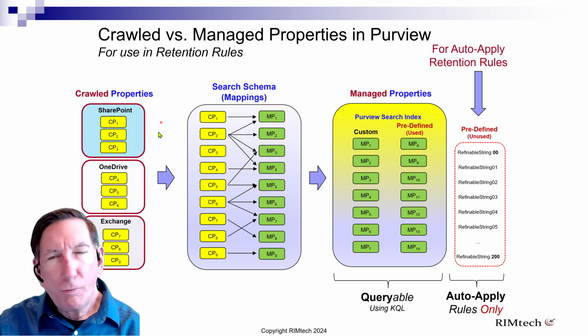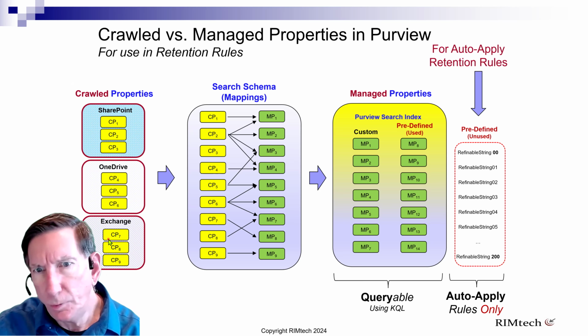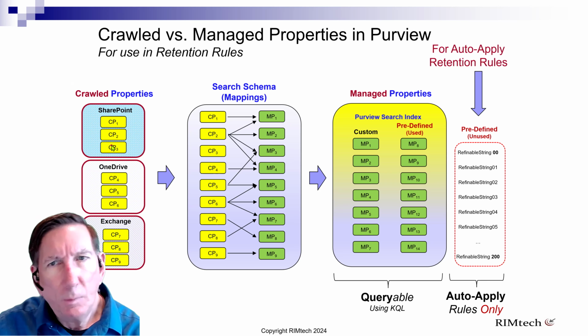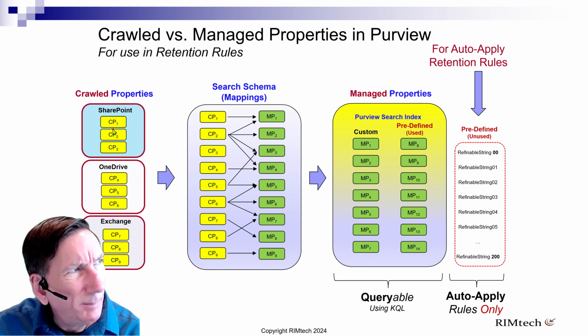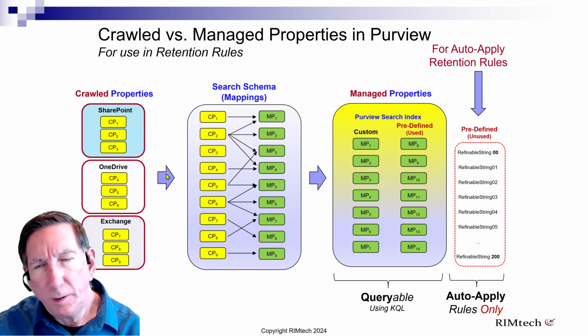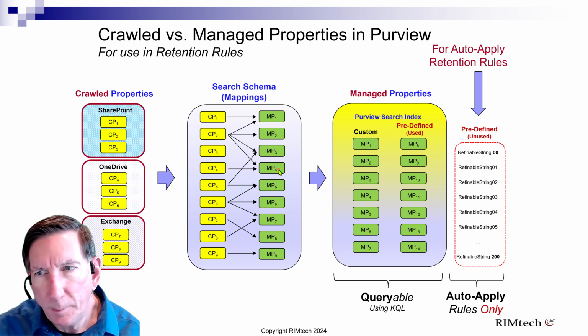Example, From. What does From mean? Well, it's crystal clear in Exchange. It's who the email is from. But what does From mean in OneDrive? Well, it might be the owner or the author. What does From mean in SharePoint? Well, maybe created by, or something like that. So it takes all three, makes the best guess as to how they are equal, and turns that into a green property called a managed property.